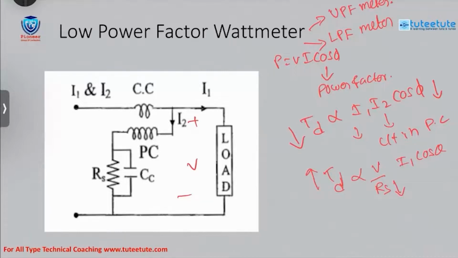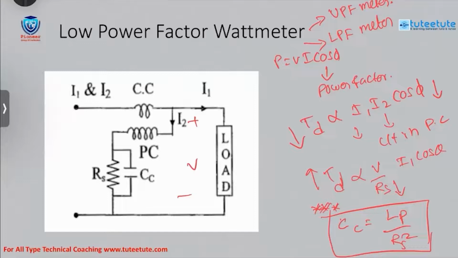For that, we made one arrangement like this, and to reduce the RS, we connected a capacitor across it, and this capacitor value can be written as LP by RS square. This is important from our exam point of view.